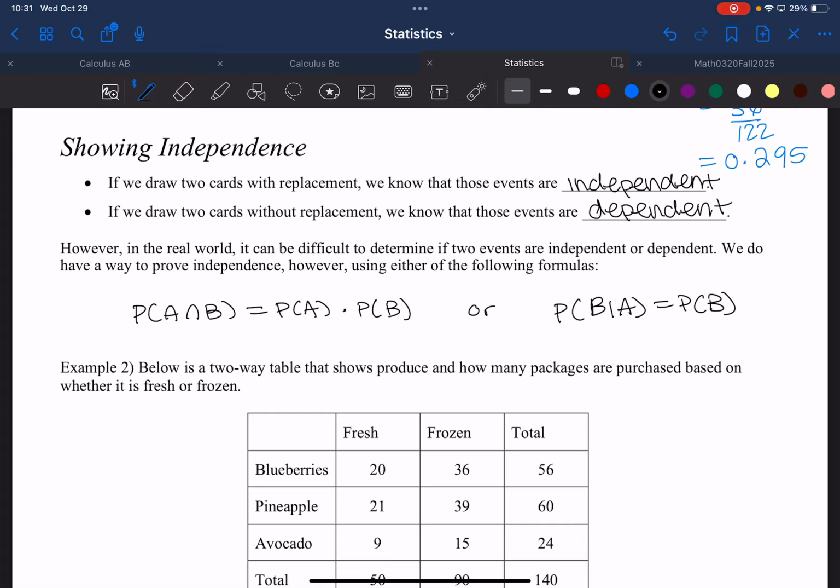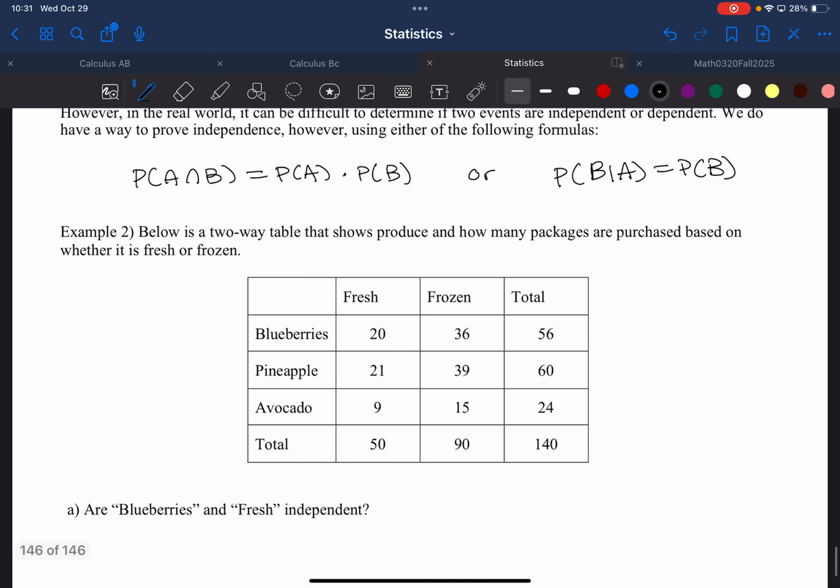Again, if you did not get a true statement, then they would not be independent events. So in these next examples, we need to prove or disprove independence. Okay, so you can use either formula depending on which is easier to show in your problems.